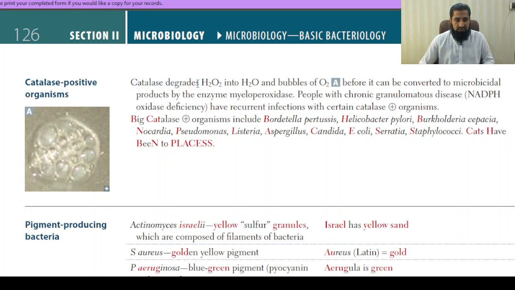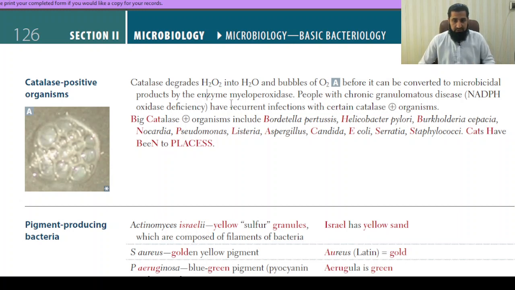Catalase degrades hydrogen peroxide into water and bubbles of oxygen. Before that, it can be converted to microbicidal products by the enzyme myeloperoxidase: hydrogen peroxide combines with chloride, and this kills the bacteria, with the help of the myeloperoxidase enzyme.